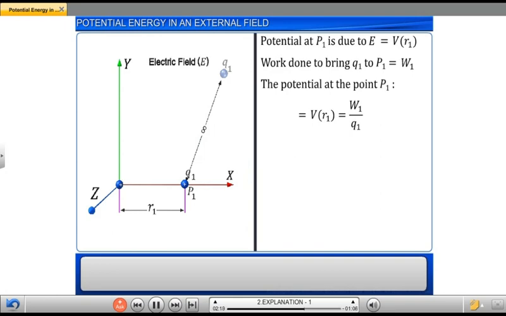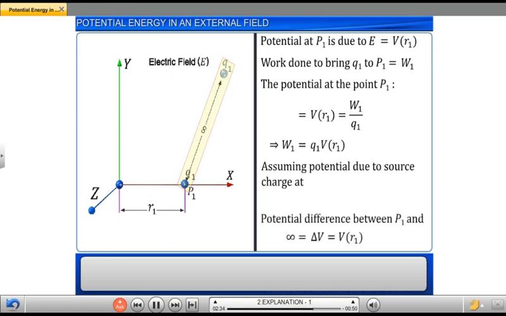This implies that W1 equal to Q1 into V of R1. Here, we assume that the potential due to the source charge at infinity is 0. This implies that V of R1 is also the potential difference between the point and infinity, which is delta V.